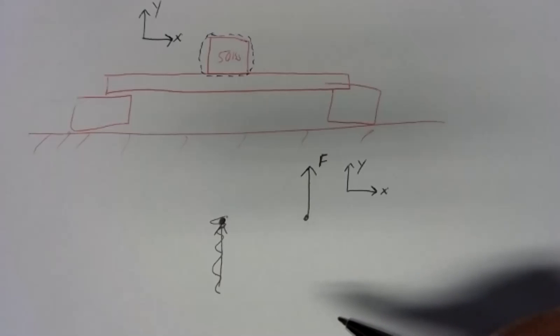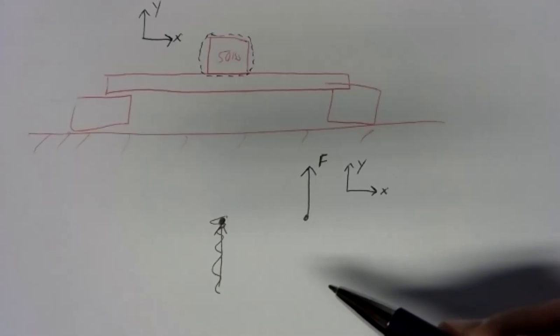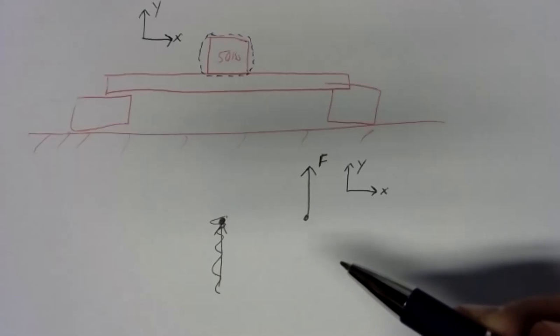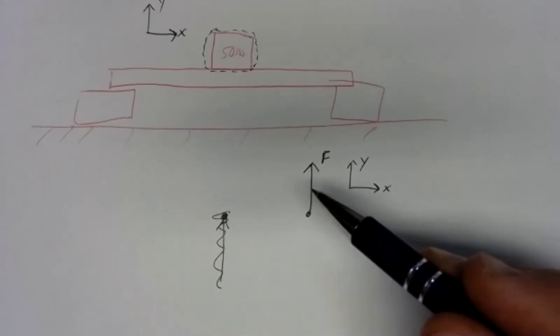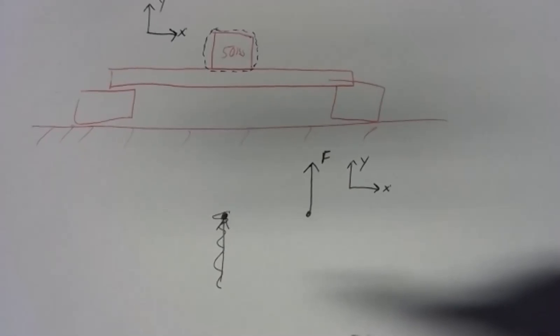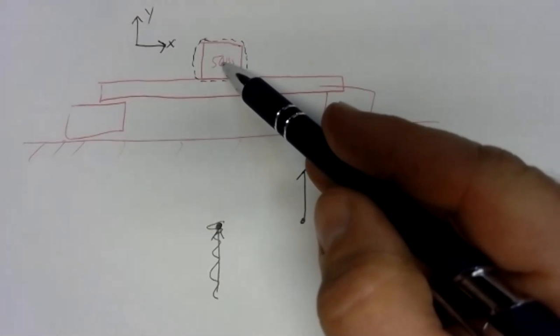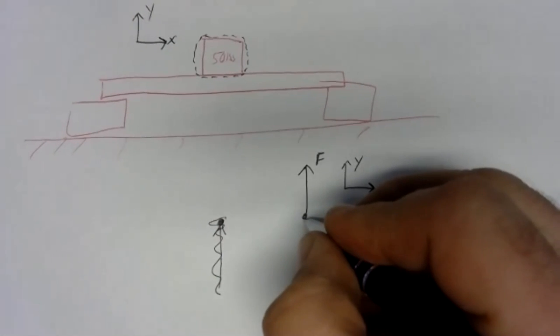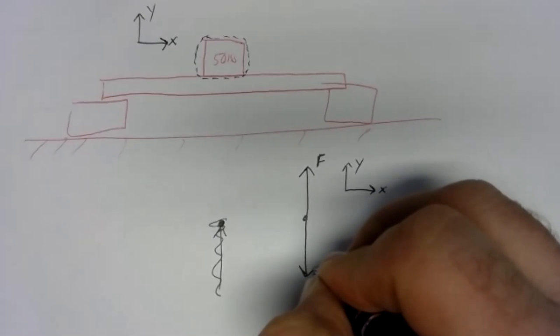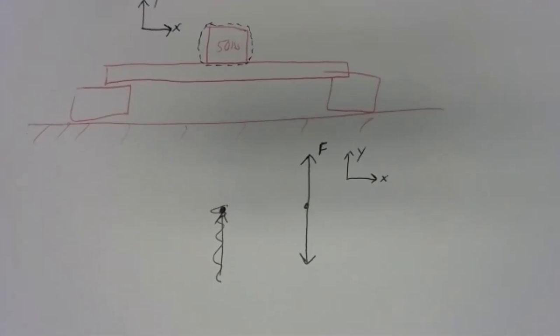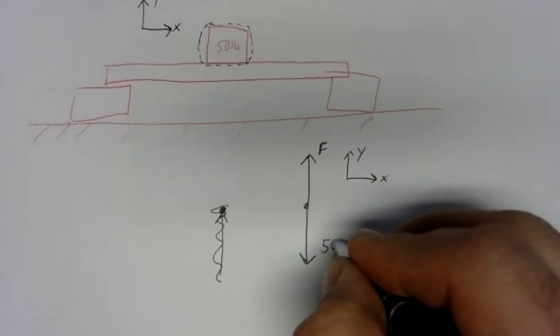And part of the skill, the not so mathematical skill, but a little bit more physical and intuitive skill in working on problems like this, is to be able to look at a system and be able to convince yourself this is in equilibrium, or maybe there's something missing, to be able to believe that this is going to be in equilibrium. Well, I can't believe this force alone would be acting in equilibrium. There's got to be something else, and the missing piece is gravity. There's weight here. This box is being pulled down by gravity, so I have to include that. There's a weight force right there, and that weight force is 50 pounds.